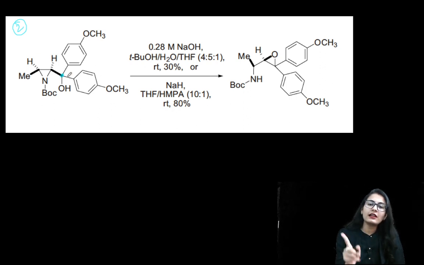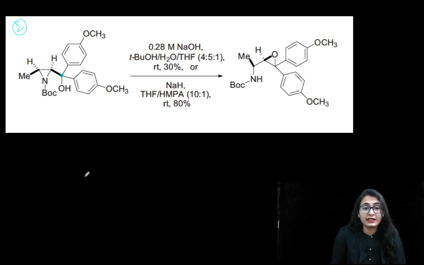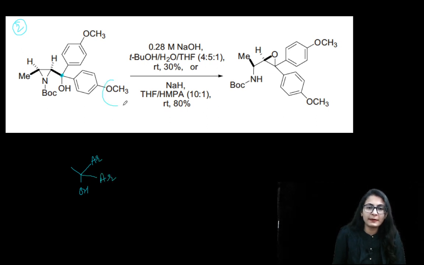Is it chiral or is it achiral? Yes, because it is having two aryl groups which are same. It has got the same aryl group, guys. The same aryl group is present over here, which is para-methoxybenzene. Okay, the same aryl groups are present, so we can say that this carbon is achiral.